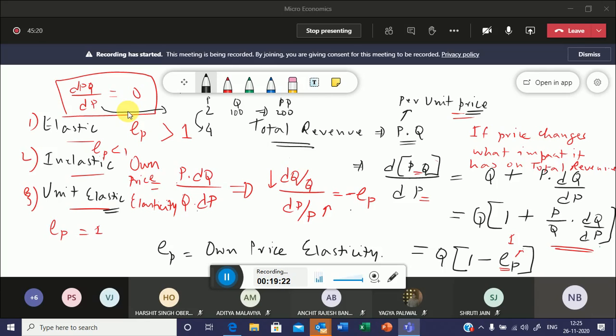How much percent? It has doubled, right? So it has increased by 100%. That means Q will also fall by 100%. Meaning, it will become 50. So under the new scenario, my PQ is also 200. This is also 200. So what is the net change in PQ because of the increase in price? 200 less 200 is equal to 0. Is it making sense?